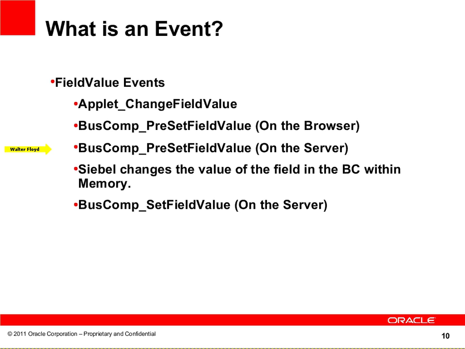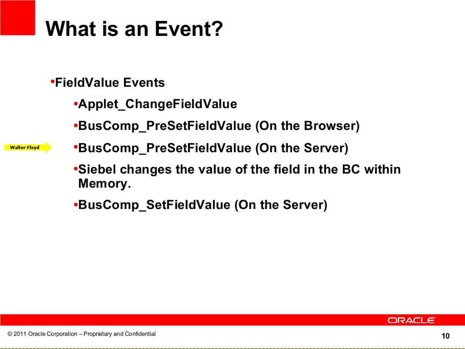It does not make a round trip to the server for every field you change. So you may fire 4 fields and have preset field value on the browser fire as you're changing those fields, but it may not go to the server until a save record is done. When a save record is done, then the preset field value on the server side will fire 4 times, once for each of those fields.